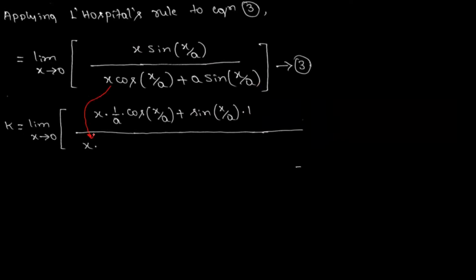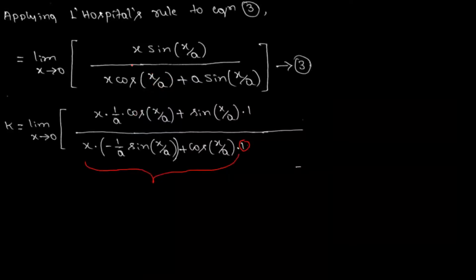First function as it is, x as it is, differentiation of cos will be minus sin of x by a into differentiation of x by a, which is 1 by a, which we have written here, plus second function as it is into differentiation of x, which gives 1. This completes the product rule for the first term in the denominator.